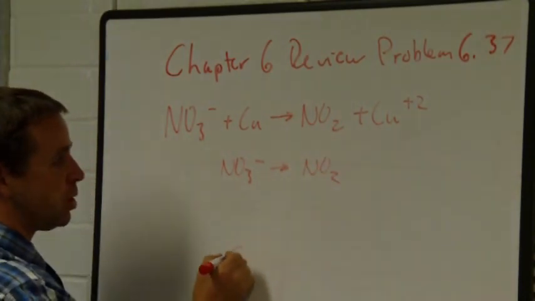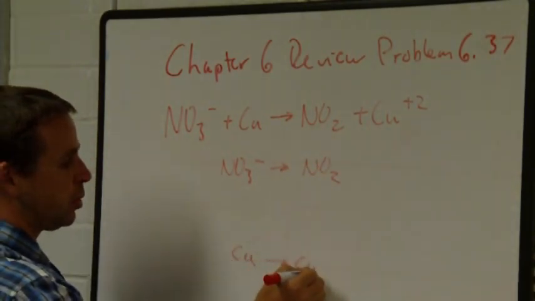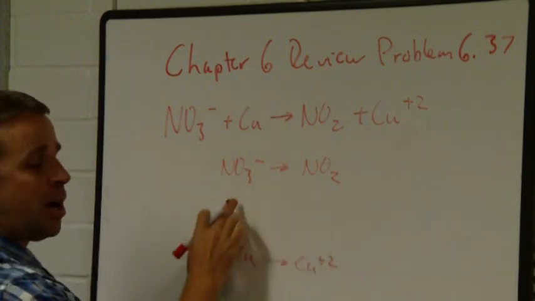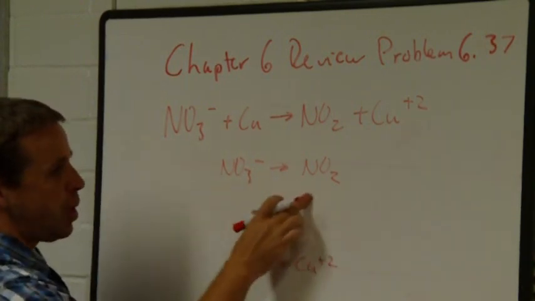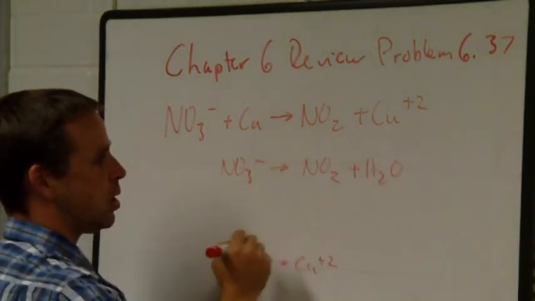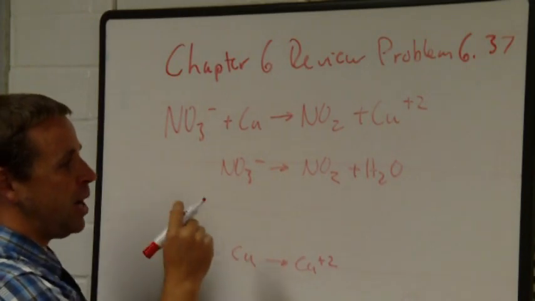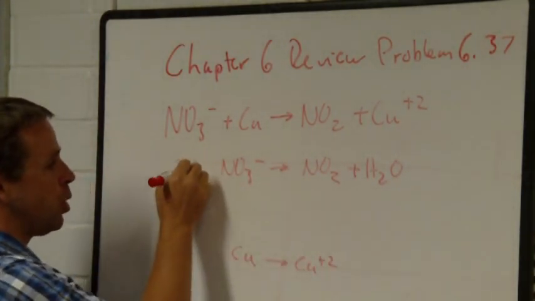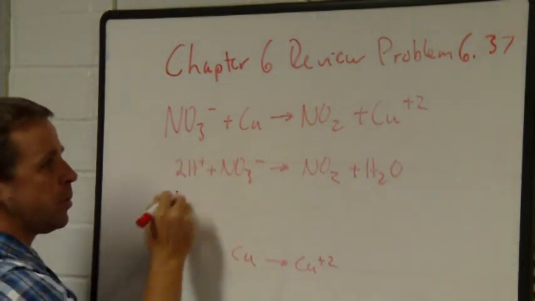The other half reaction is copper going to copper 2 plus, right? We balance everything that's not oxygen or hydrogen. The nitrogens are balanced. We balance oxygens by adding water to the side that needs the oxygens. We balance hydrogens by adding protons to the side that needs them, okay?